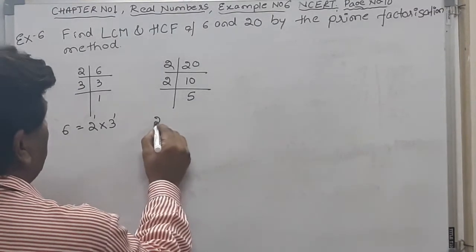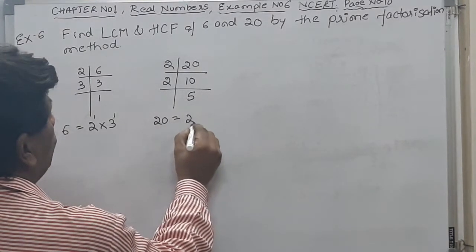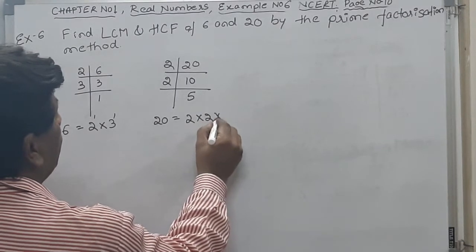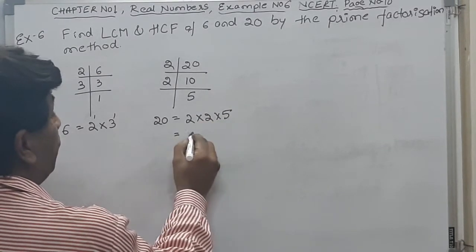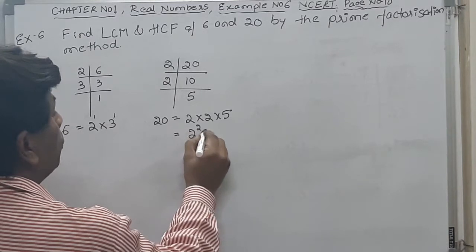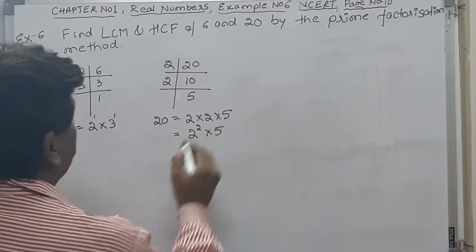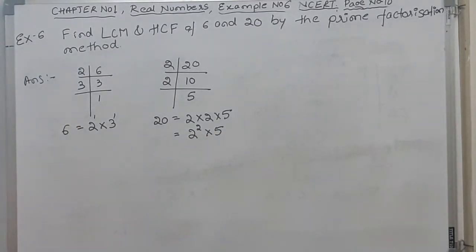So 20 equals 2 raised to 2 into 5. Okay friends.